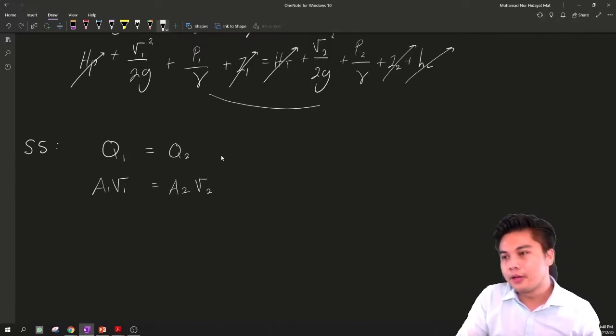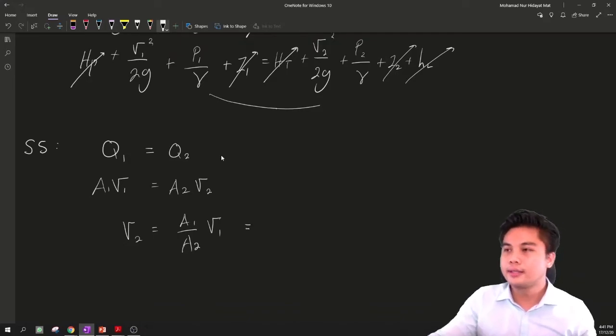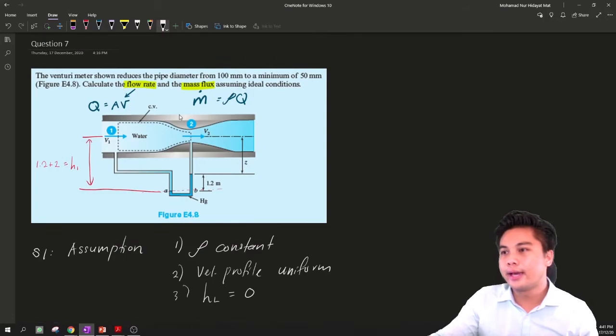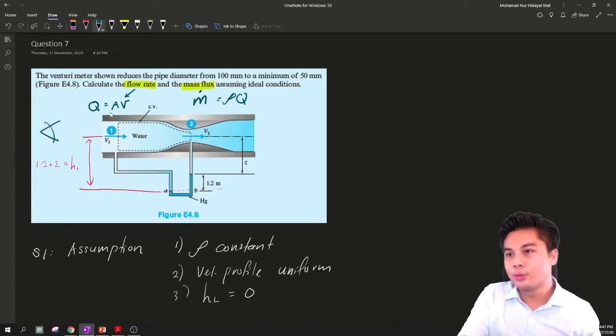We make velocity 2 the subject, so we can replace velocity 2 with velocity 1. So velocity 2 is area 1 over area 2 multiplied with velocity 1. Looking at the cross-sectional area, it is circular, so we apply the area of a circle, which is pi d squared over 4.